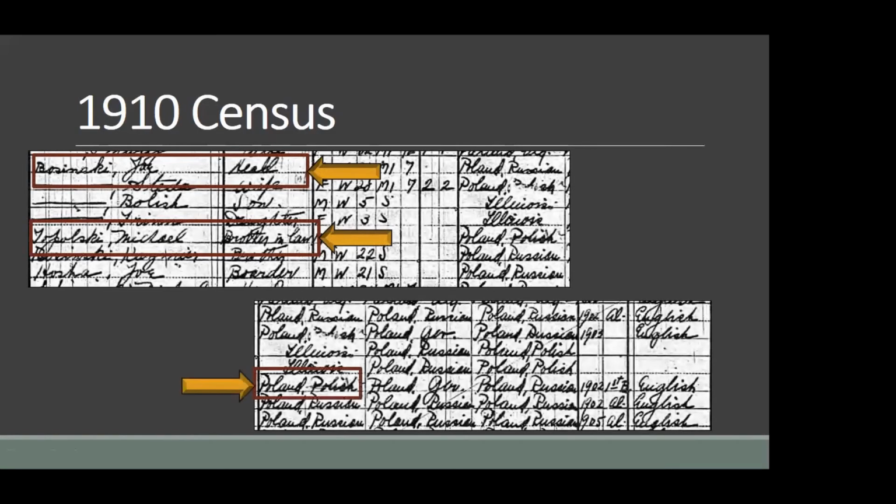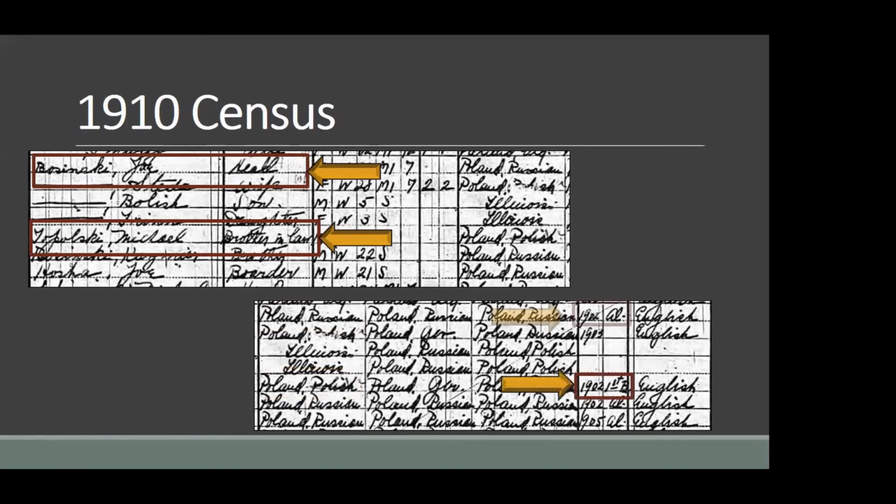Michael, according to the census, is from the Polish section of Poland, and Joe is from the Russian section of Poland. Noting these details about the immigrant and where they are from over the years can actually help you start mapping out where they were in the other country.